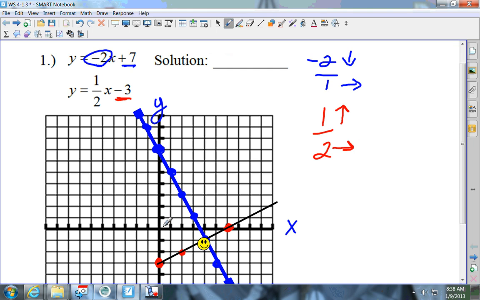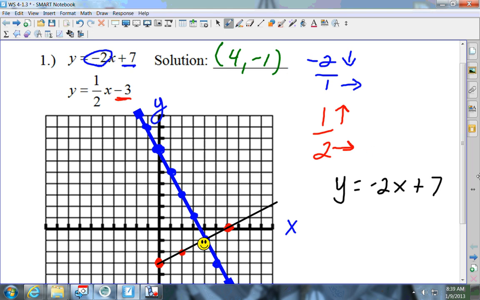That point is 1, 2, 3, 4, and -1. 4, -1. That's my solution. It's my solution because if I plug it back in for x and y, it'll make the equation true. So for example, I'm doing y equals -2x plus 7.